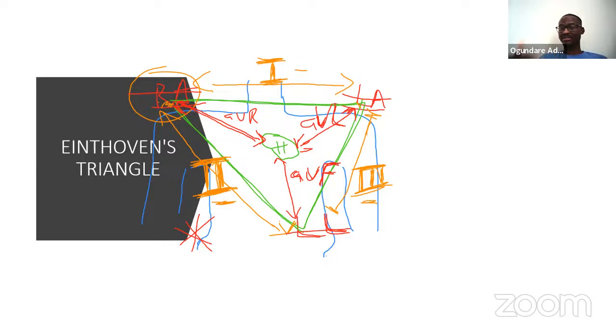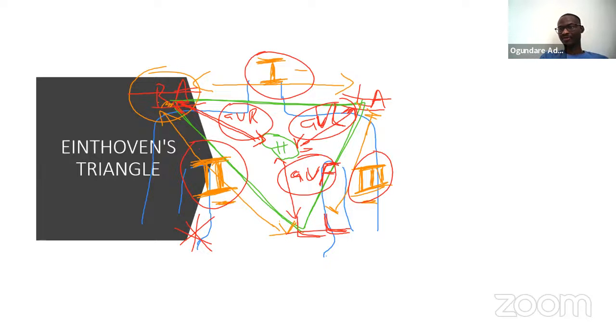Instead, you'll be seeing the leads. Okay. So if you look at this now, we've been able to generate lead 1, lead 2, lead 3, AVR, AVL, and AVF, and that's a total of 6 of them.